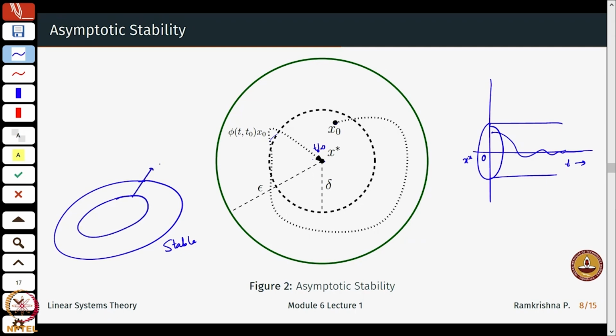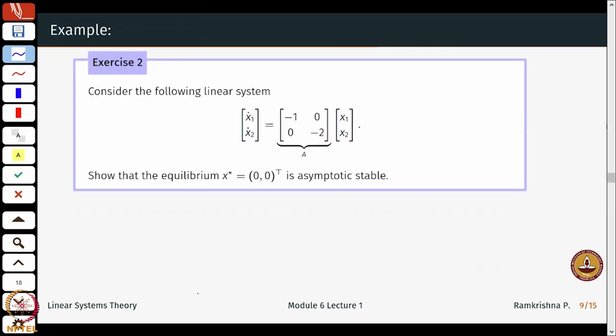So this will be the set of asymptotically stable systems. It's a stronger condition. So if I were just to say asymptotically stable and stable, all asymptotically stable systems are stable, but not all stable systems are asymptotically stable systems. Okay, a little counterexample to that is what we saw just now.